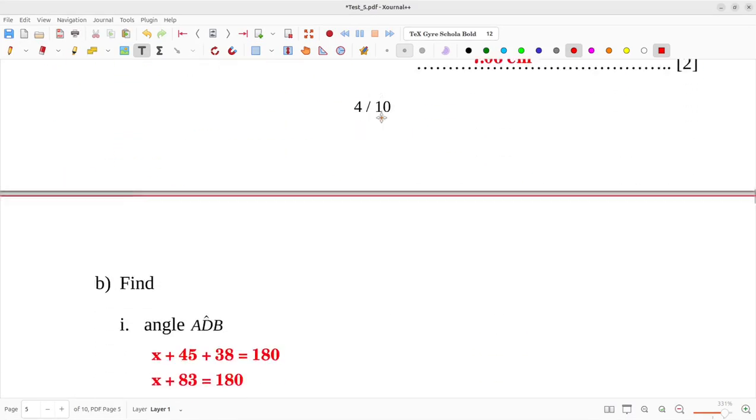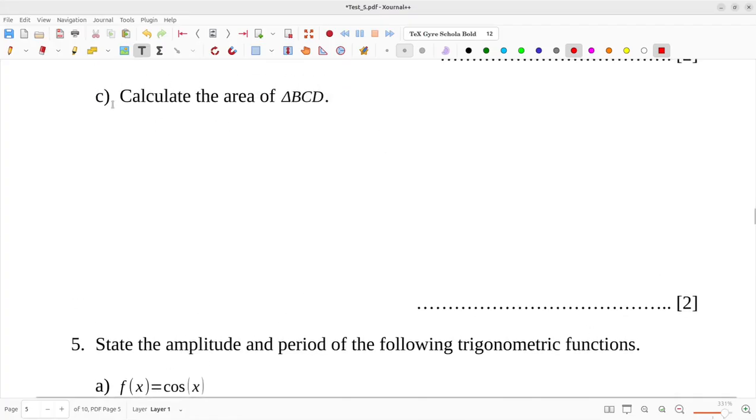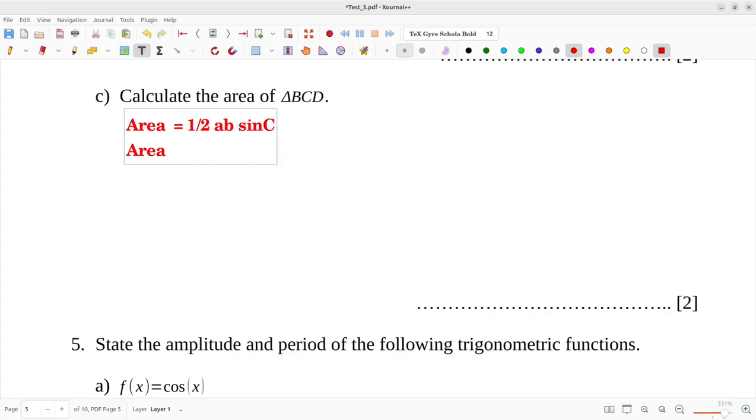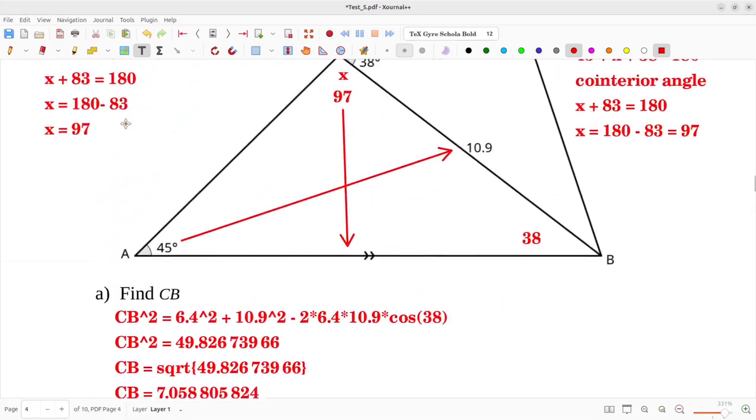So the area is half ab sine C. The area is going to be equal to half times 6.4 times 10.9 times sine C. What's the angle between the two sides?